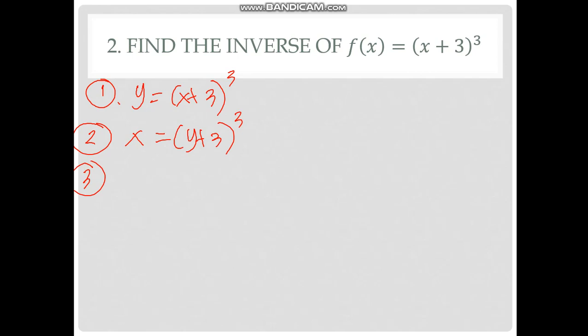So we have to eliminate this exponent 3 and this plus 3. You have to eliminate first this exponent by getting the cube root of both sides. So kung ano ang exponent dito, yun din dapat yung index nitong radical sign. So we can now cancel itong radical sign and yung exponent na 3.